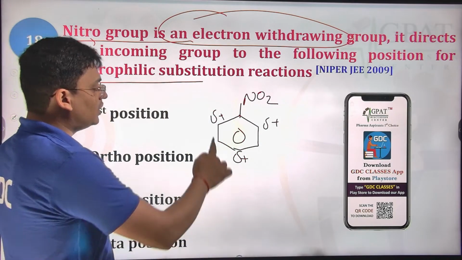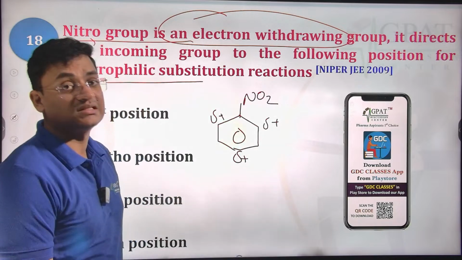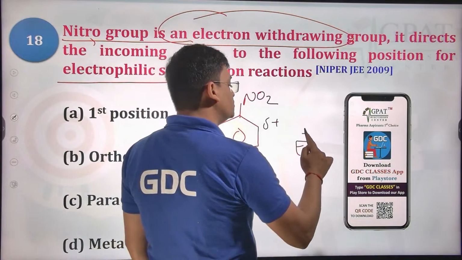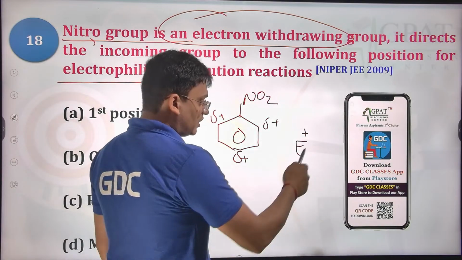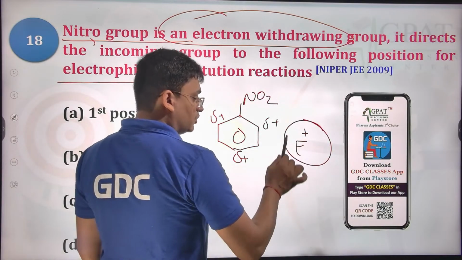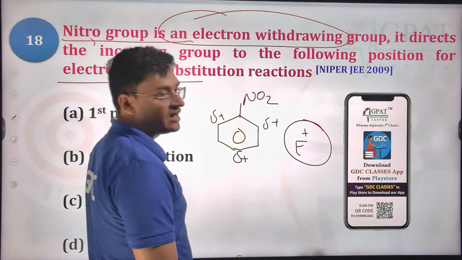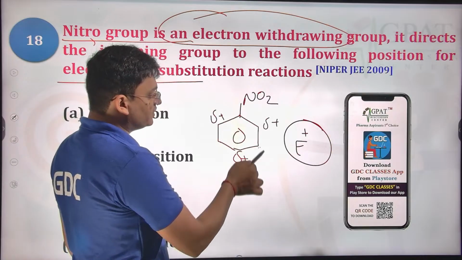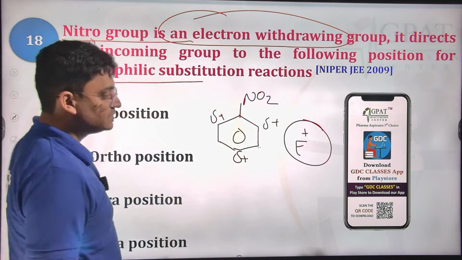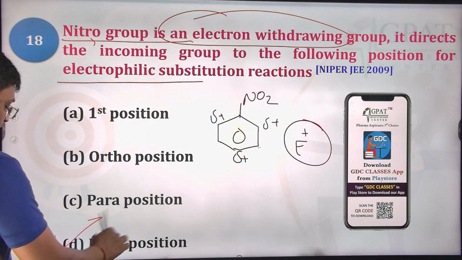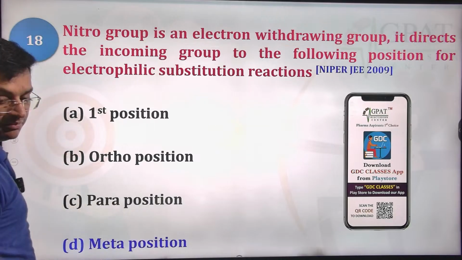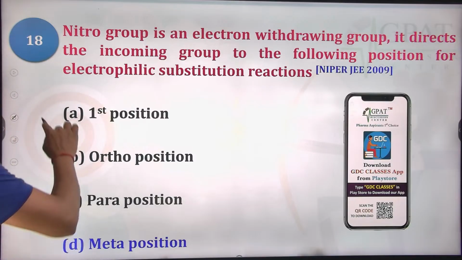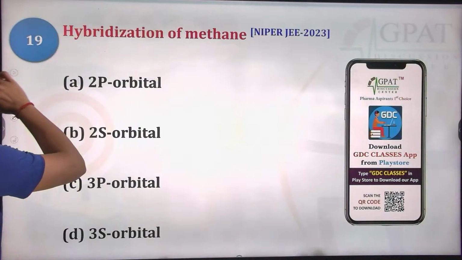Since the electrophile is already an electron deficient center with a positive charge, its attack on the benzene ring is possible only at the meta position with respect to the nitro group. So it's a meta directing group. D will be the right answer.